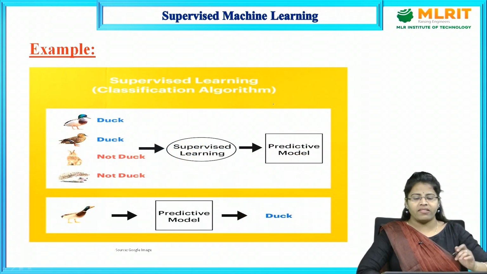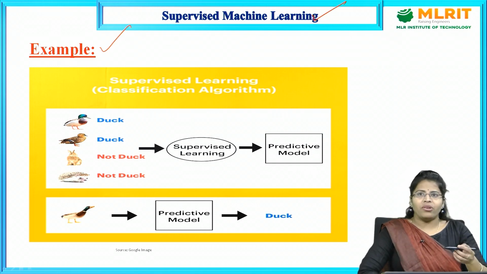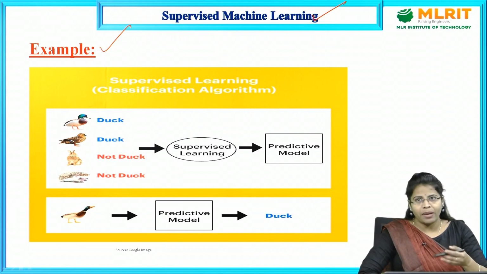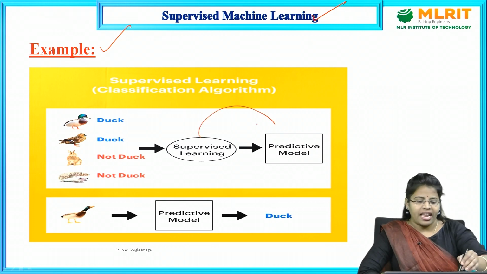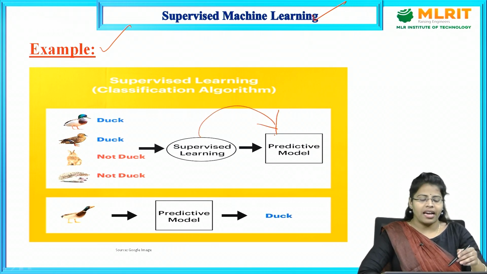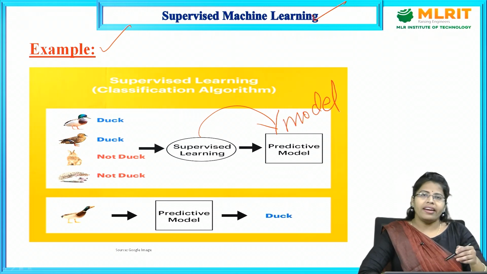Let me discuss one more example. As you can see in the image, we have a training data set of a labeled data set of ducks and not ducks. We are also giving training with the help of a supervised machine learning algorithm to develop the model to identify whether it is a duck or not.